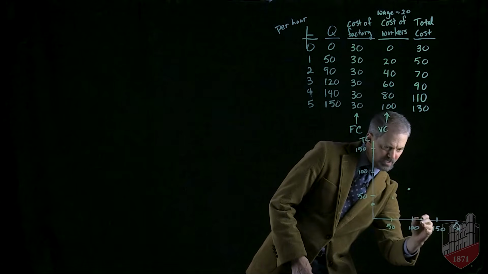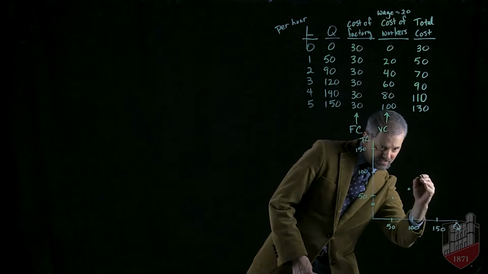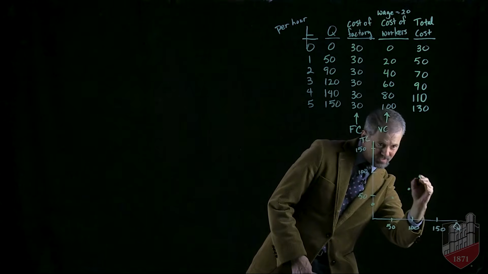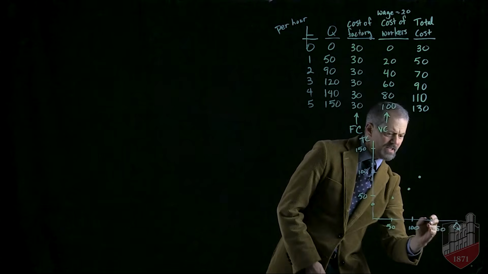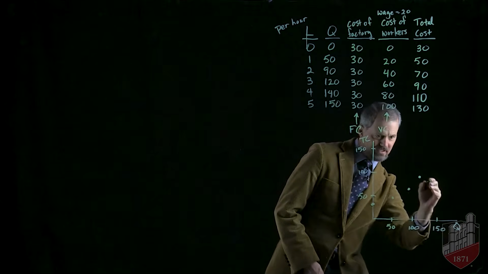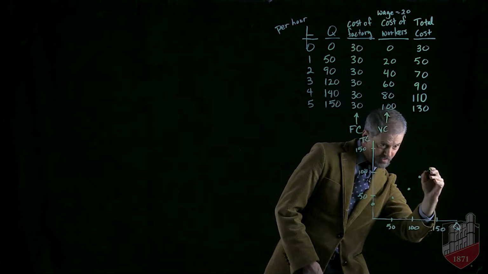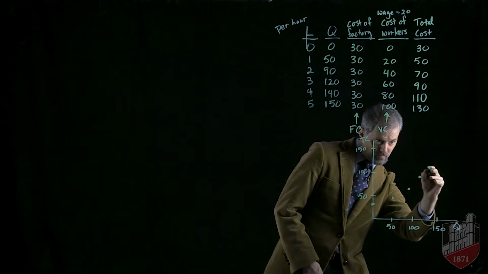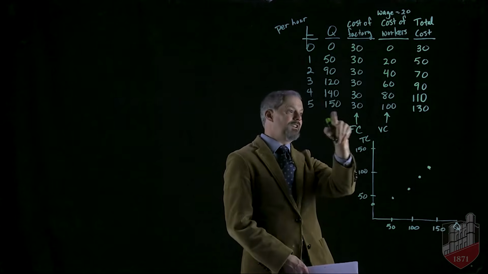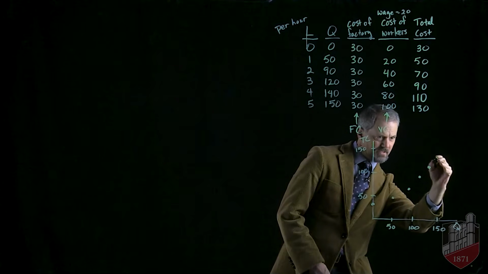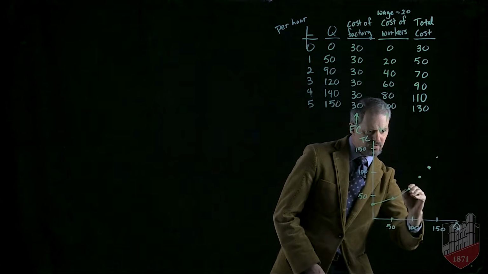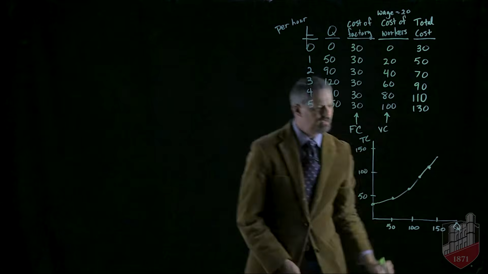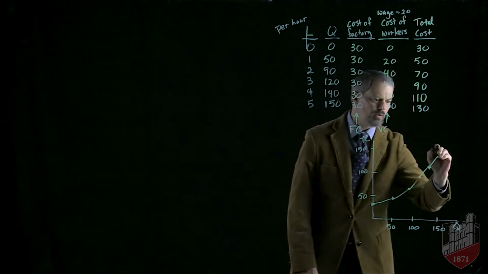So 120 would be right about there, and 90 would be somewhere in there. 140 units of output, that'd be out here, and it costs me 110. That's somewhere up here maybe. And then 150 and 130, that's somewhere right up in here. If I connect those, I'm getting what I would call the total cost curve.